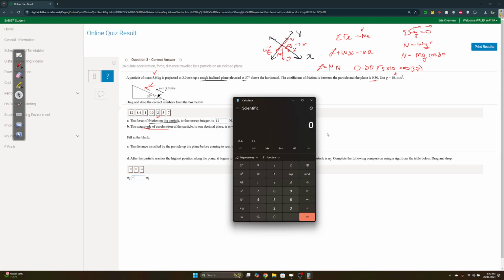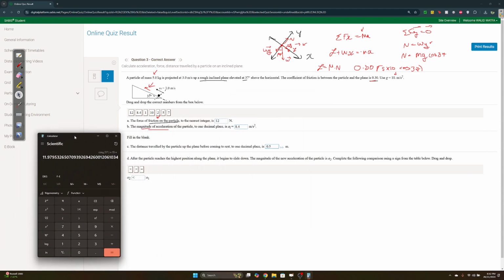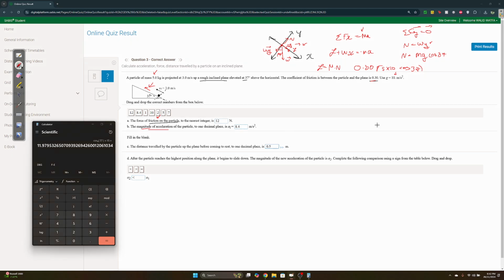How did I get 22.5? 0.3 times 5 times 10. Yeah, 15. Okay, so 15. So 15 times cosine 37. Okay, 12. I don't know why the calculator is giving trouble. I should download the calculator. I'll download it for the next video. So anyway, this is the force of friction.